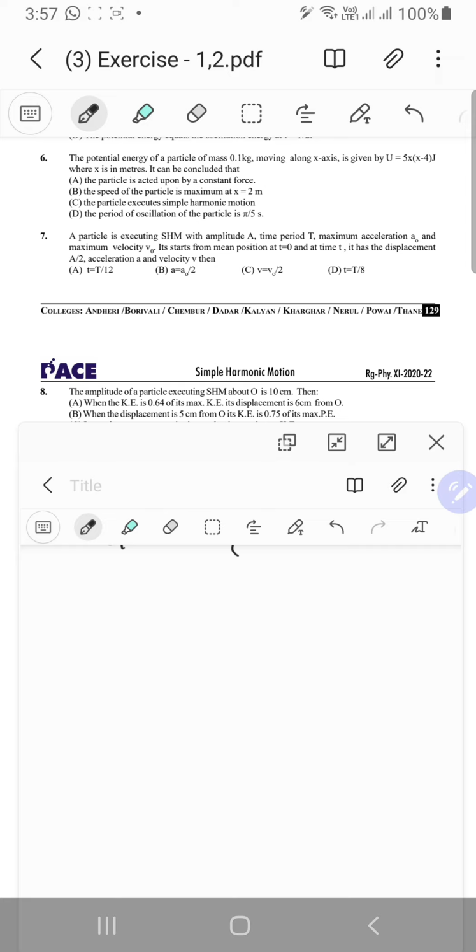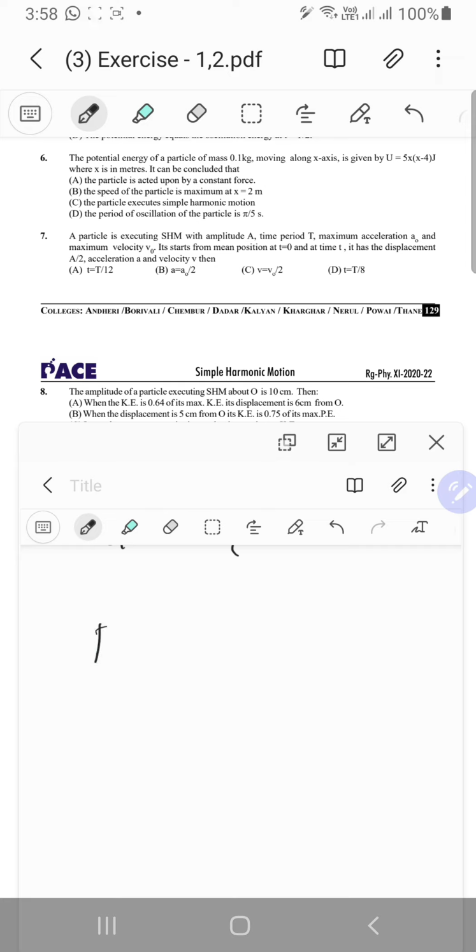The particle executes simple harmonic motion. The period of oscillation of the particle is pi by 5. Okay. Well, it could be, sure, but you've got two of those things.